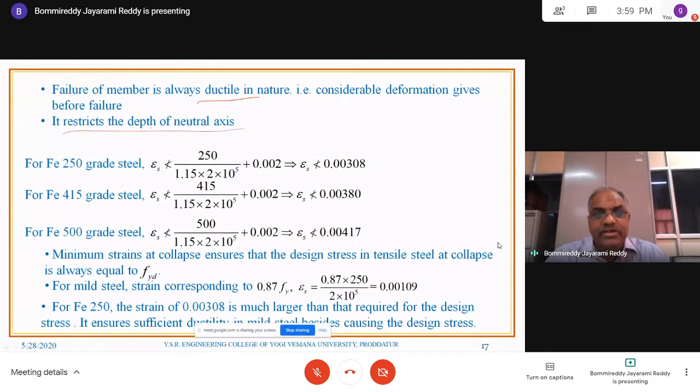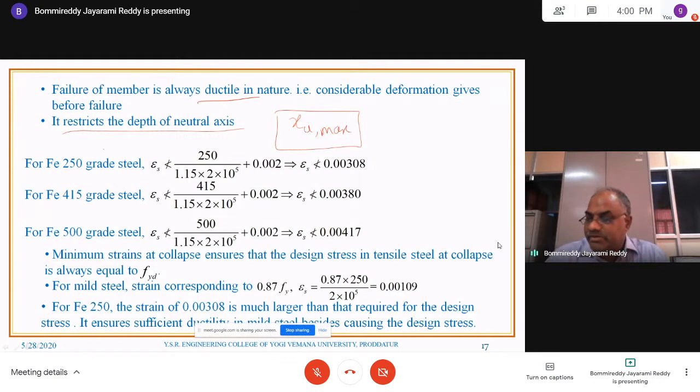It restricts the depth of the neutral axis, because you know that in the limit state method there is a term XU maximum. That means XU cannot be more than XU maximum. XU maximum means the maximum depth of the neutral axis, which is a certain limited value.